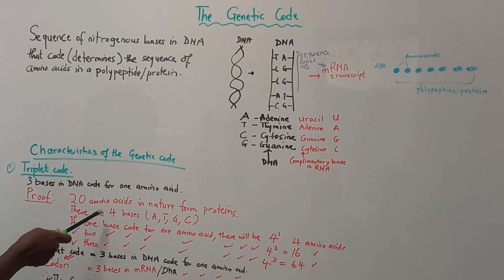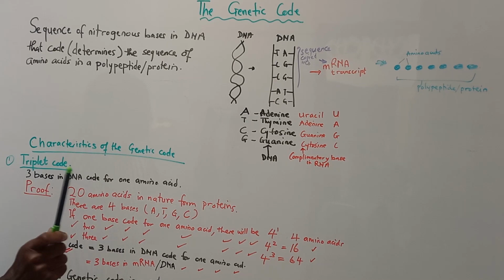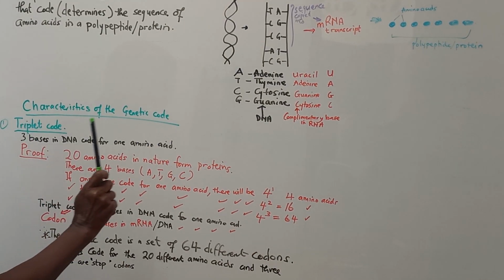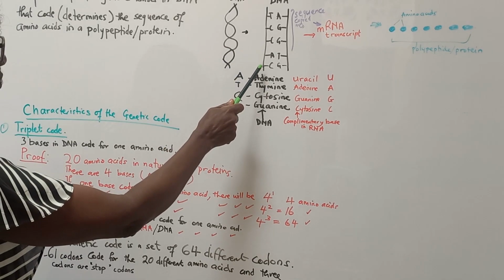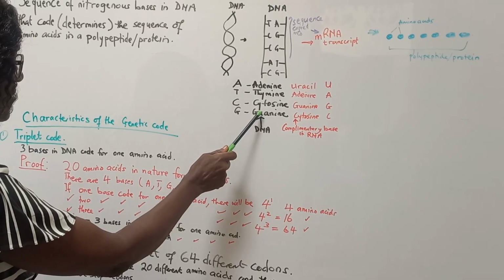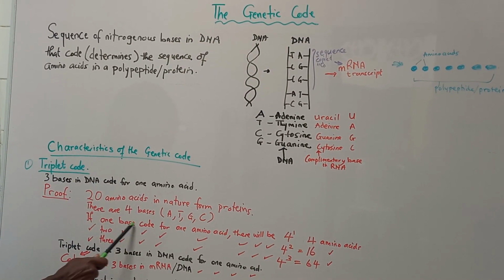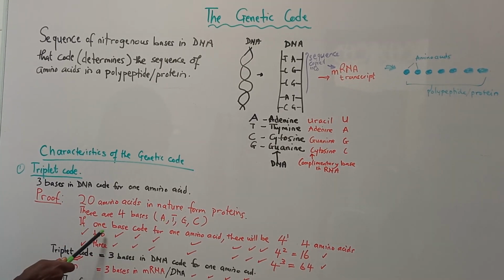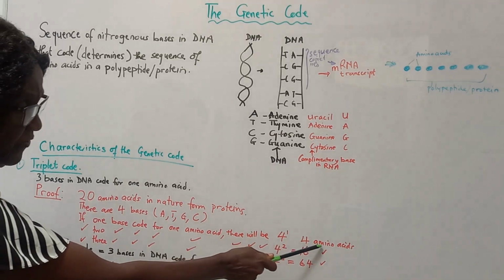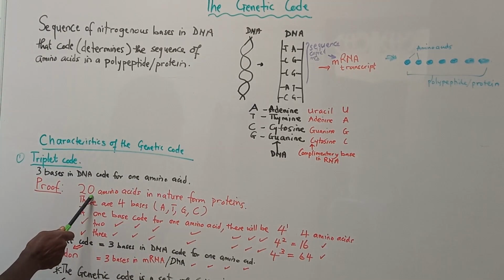There are 20 amino acids in nature that form proteins. And the bases in DNA, there are 4: adenine, thymine, cytosine, guanine. So, 20 amino acids in nature, and 4 bases. If one base codes for one amino acid, then there will only be 4 amino acids, and yet there are 20 amino acids.